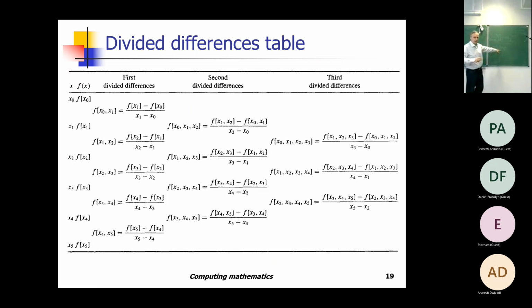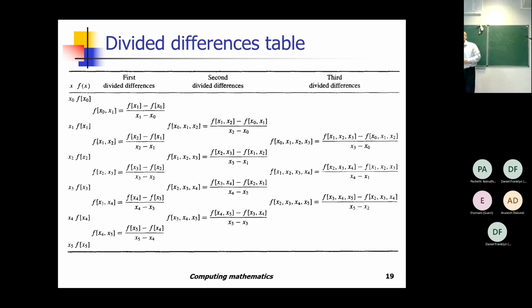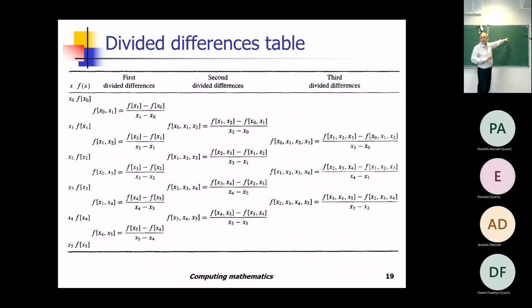As far as each of these formulas includes 2 points, if I have n plus 1 points that are numbered from 0 to n, how many first divided differences will there be?